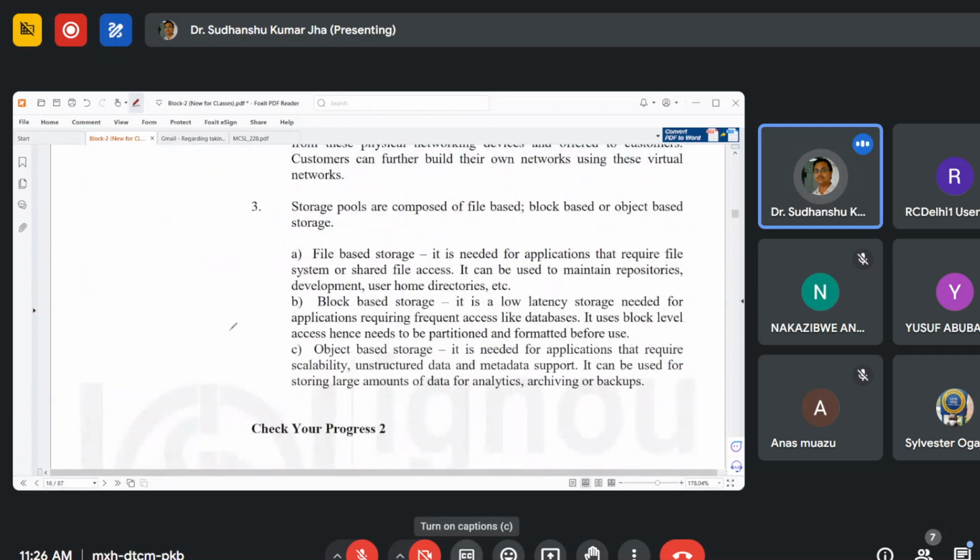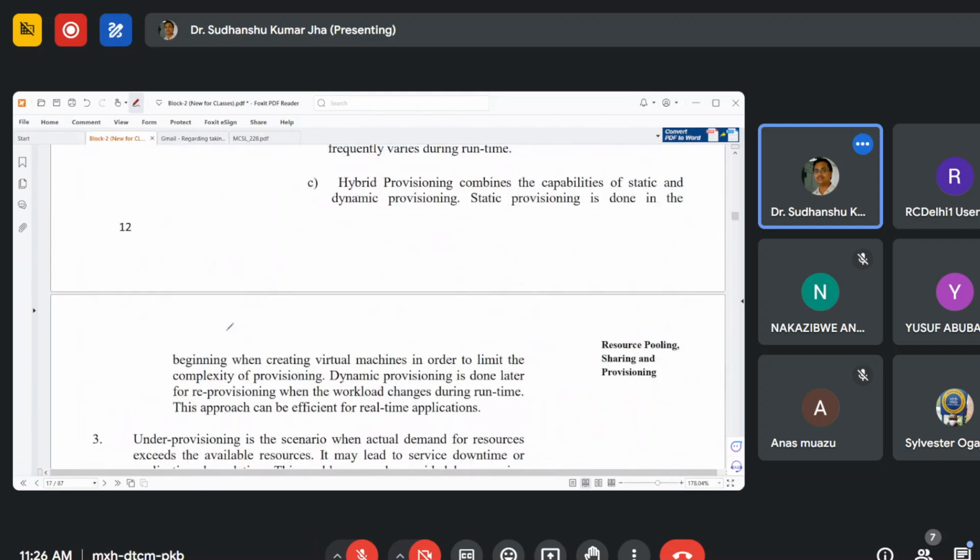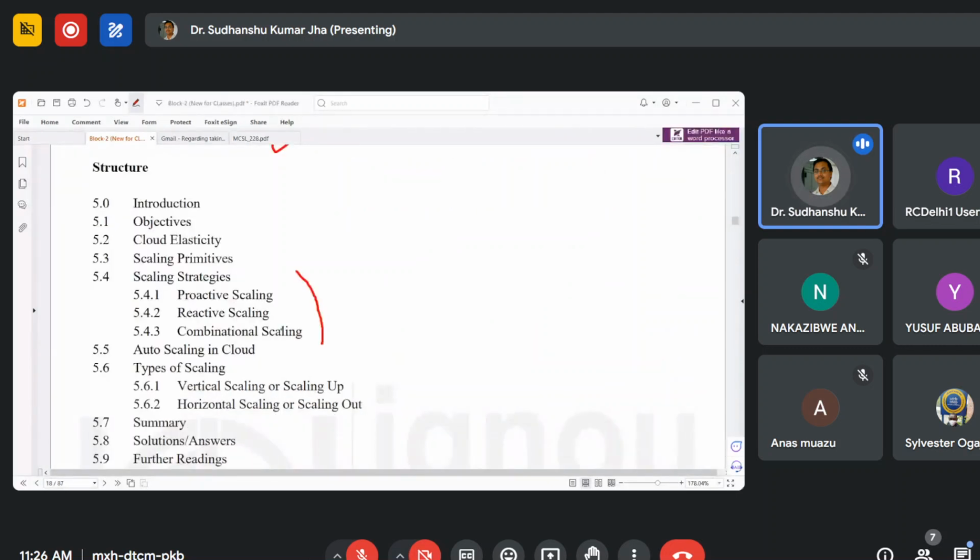Now come to the next unit, resource provisioning. We have seen the static resource provisioning, dynamic resource provisioning, and the hybrid resource provisioning.